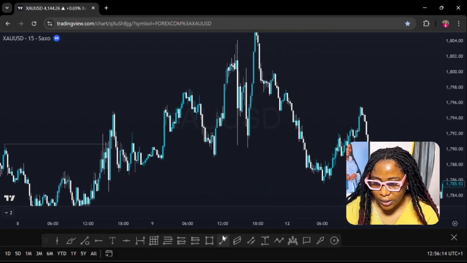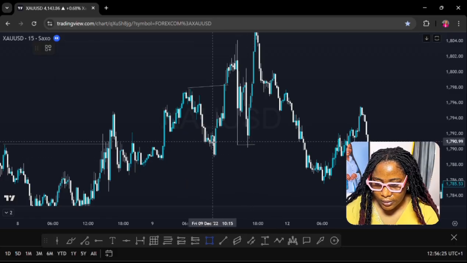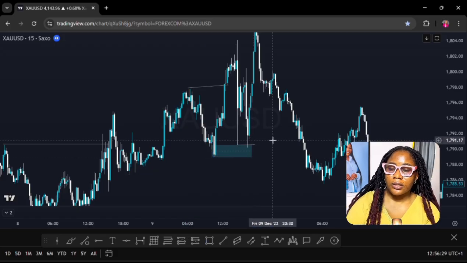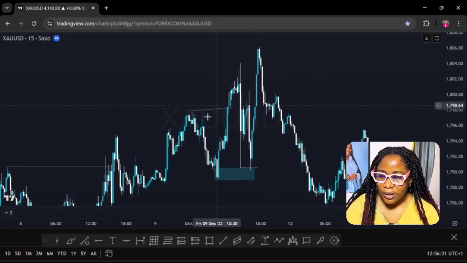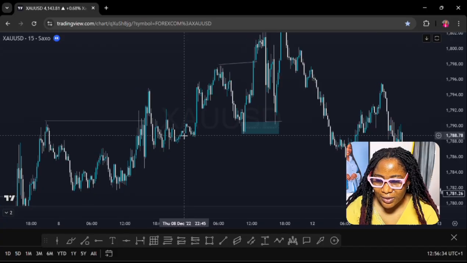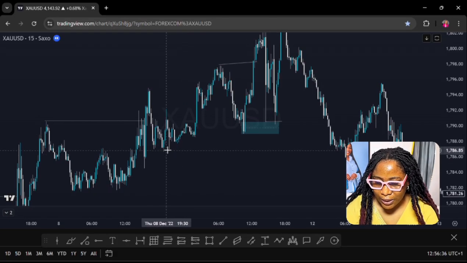Alright, so this is something that I would have taken. This is a break, and then we got this nice sweet liquidity, so I would have taken it. And you can see we took out the high here. This is on down, but all these guys here are looking like liquidity to me.